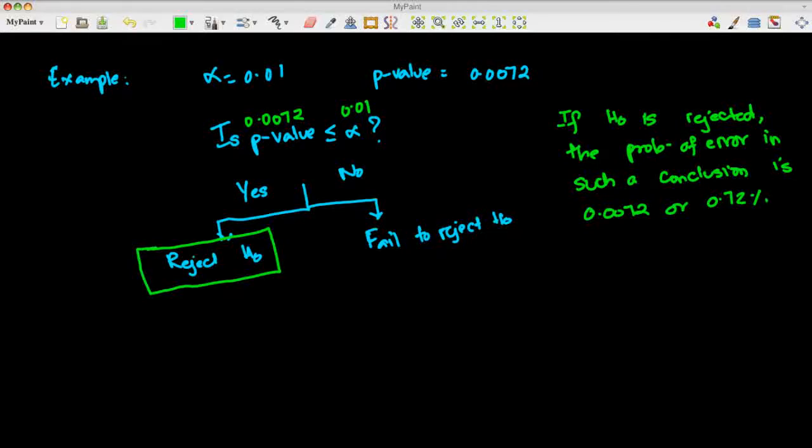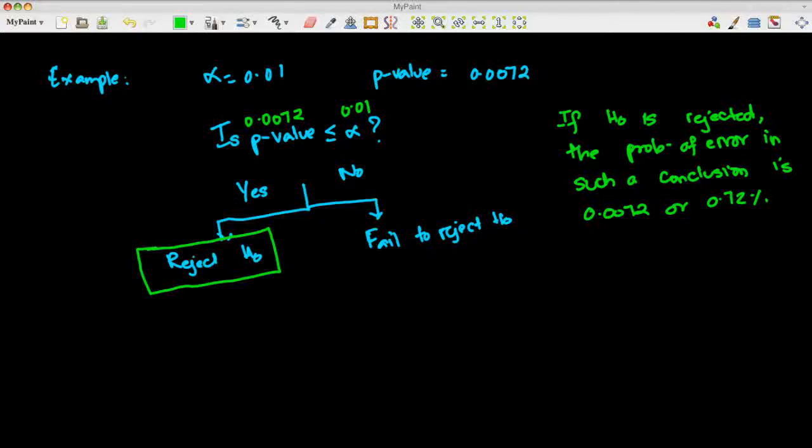So if I concluded that I should reject the null, what is the chance that my conclusion is wrongful? It's only about 0.72%, which means it's a very small error. So the data is giving me a clear indication that I should be rejecting the null. So in this particular problem, we reject the null.